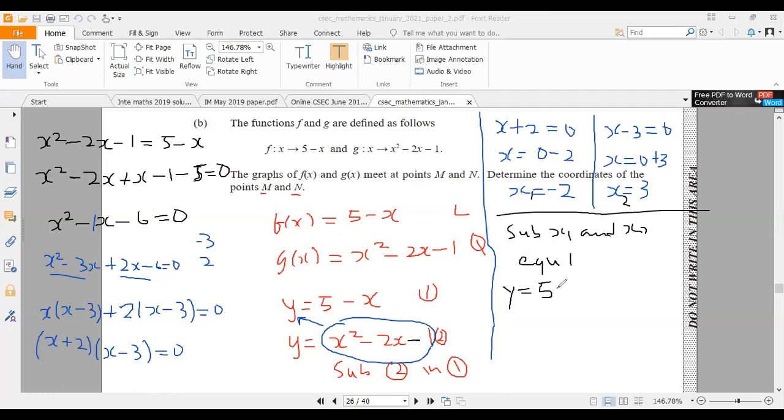Sir, when you're substituting it into the equation, you can use any equation. You can use any of these ones here. But always choose the one which is easier for you to work with. Don't go and take the square and whatever. That is going to complicate you.